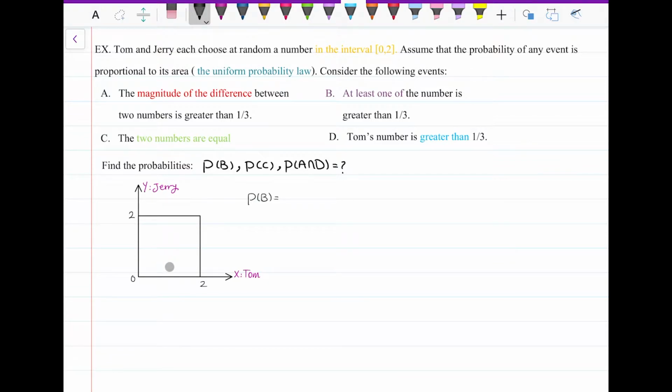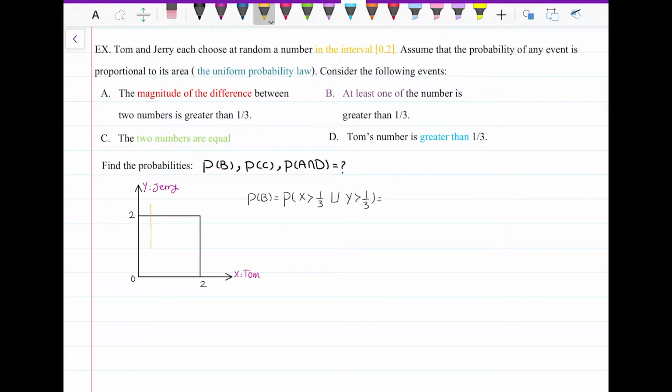So this square is the sample space. B is the probability that at least one of the numbers is greater than 1/3, so it would be the probability that X is greater than 1/3, or, which would be the union, that Y is greater than 1/3. Okay, so let me try to graph it.